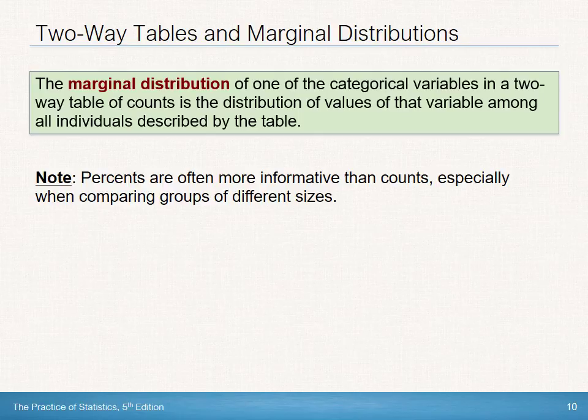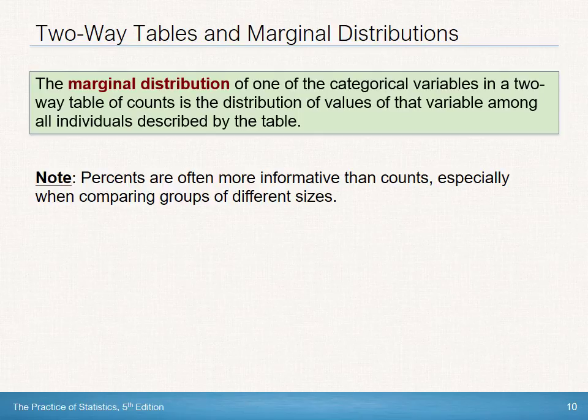The marginal distribution of a categorical variable in a two-way table is the distribution of values of the variable among all individuals described by the table. It says, note, percents are often more informative than counts when comparing groups of different sizes. If I took two groups of people, one had 100 in it and one had 50 in it, and 20 of the 100 answered yes to a question, and 20 of the 50 answered yes to a question.